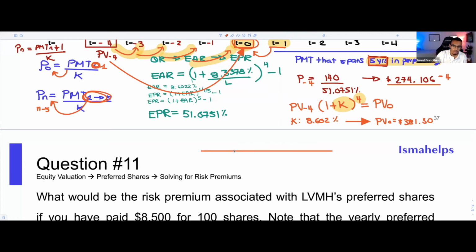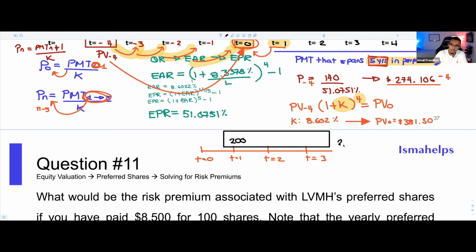We have t equals 0. Just to really double down on this fact, if we have a payment that spans 3 years, okay? So it spans 3 years.